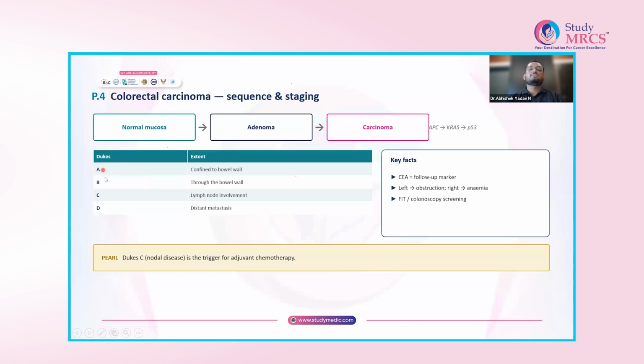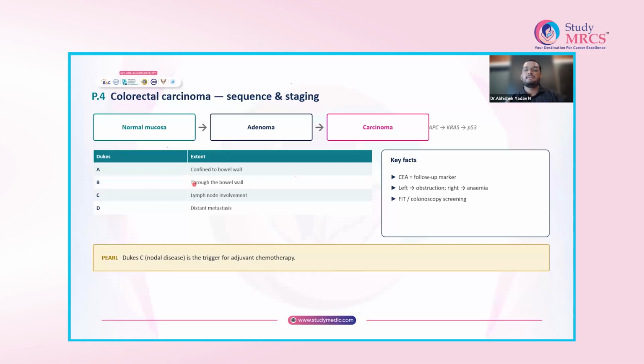If a tumor is confined only to the submucosa, within the bowel wall, then it comes under Duke stage A. The bowel wall has 4 layers: mucosa, submucosa, muscularis propria and serosa. If the tumor has extended to the muscularis propria, then it's called B.